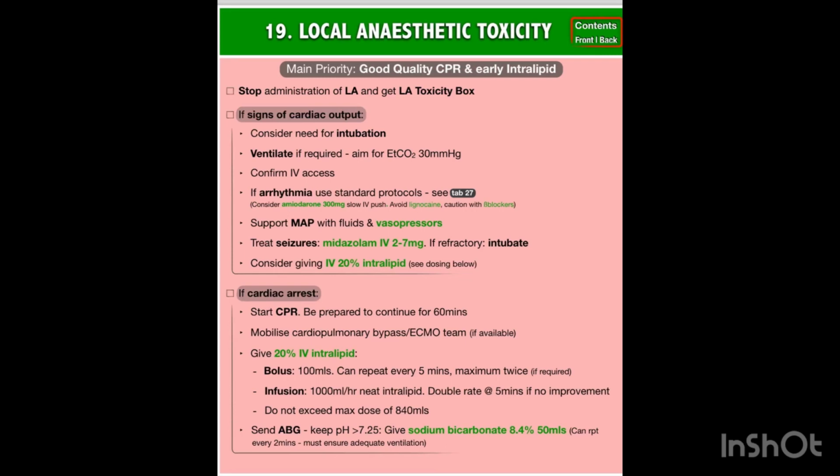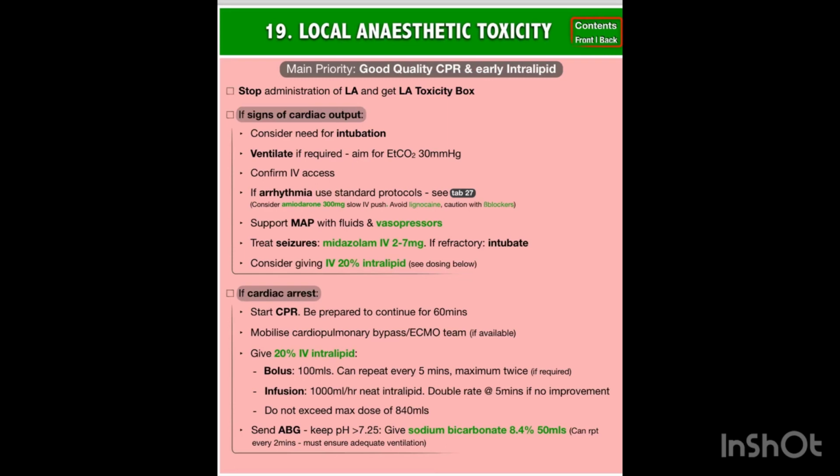Do not exceed the maximum dose of 840 ml. Send an arterial blood gas. Keep pH above 7.25. Give sodium bicarbonate 8.4%, 50 ml, which can be repeated every 2 minutes. Must ensure adequate ventilation.